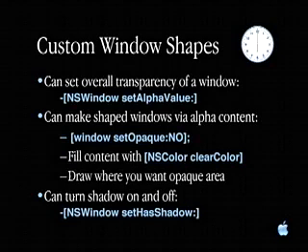We now have support for custom window shapes. The things you see like the clock up there were done using a custom window shape. And the support that's needed to do this is the ability to first set the alpha value of a window, tell a window that it's not opaque, then fill its content with clear color, and anywhere you fill it with non-clear color would then be the window.